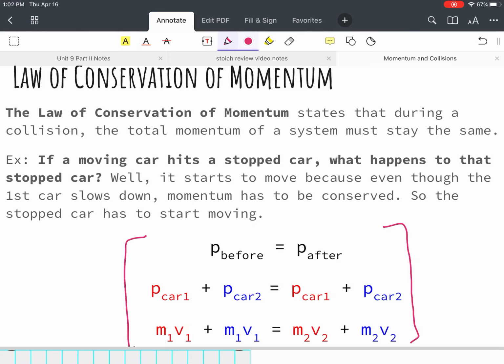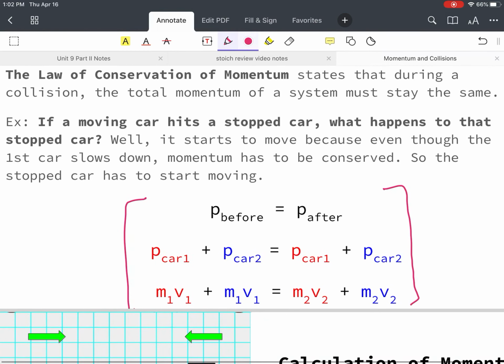So that car that was stopped, that's why all of a sudden it moves forward, right? Because that momentum is being transferred to the other car. You can think of it too: that car's applying a force on the stopped car, so it's moving forward. That's why momentum and forces are related to each other. You can talk about them at the same time.